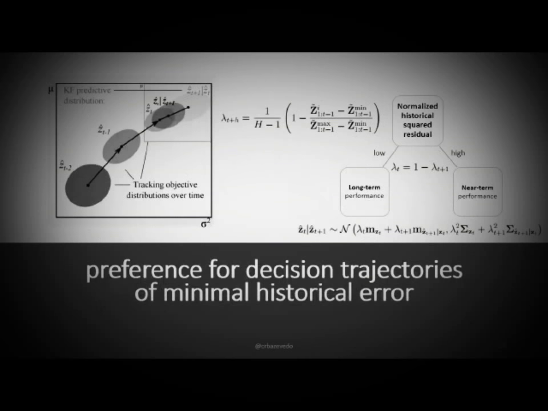All right. So in order to automatically set up lambda, which is my anticipation factor, which really controls the extent to which I'm willing to trade off near-term performance for long-term performance, there are two other meta preferences that I told you. The first one is the preference for decision trajectories of minimum historical error.